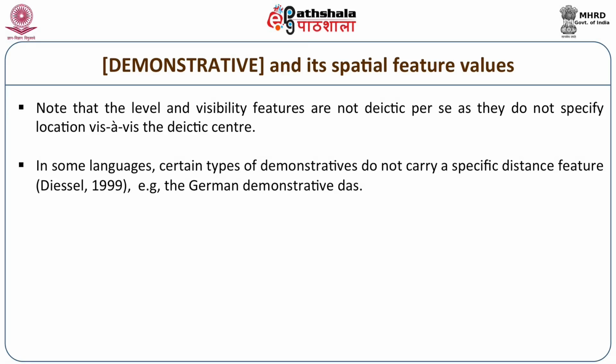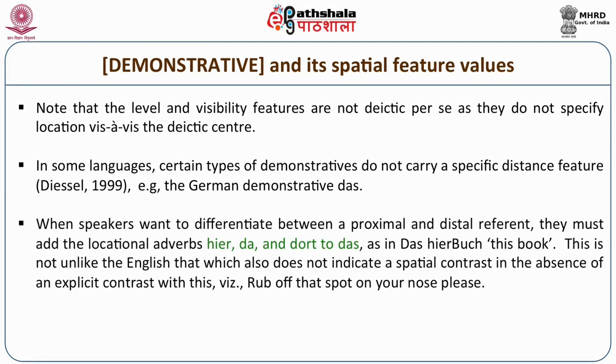Diesel also notes that in many languages there are certain types of demonstratives that do not carry a specific distance feature. The German demonstrative das is putatively one of them. When speakers want to differentiate between a proximal and distal referent, they must add the locational adverbs here, there, etc. to das.